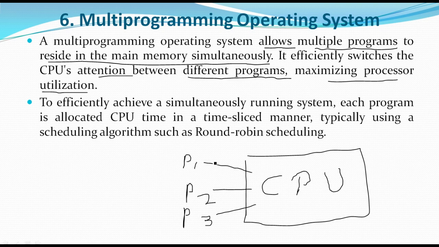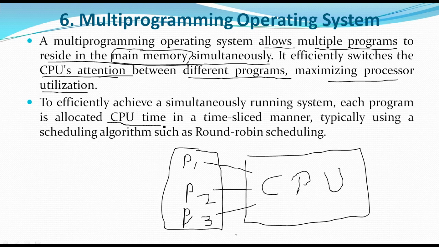What is meant by time slicing? A particular 4 millisecond time of the CPU is allocated to P1, a second time slice of 4 milliseconds is allocated to P2, the third 4 millisecond time of the CPU is allocated to P3, and similarly the fourth time slice is again allocated to P1.